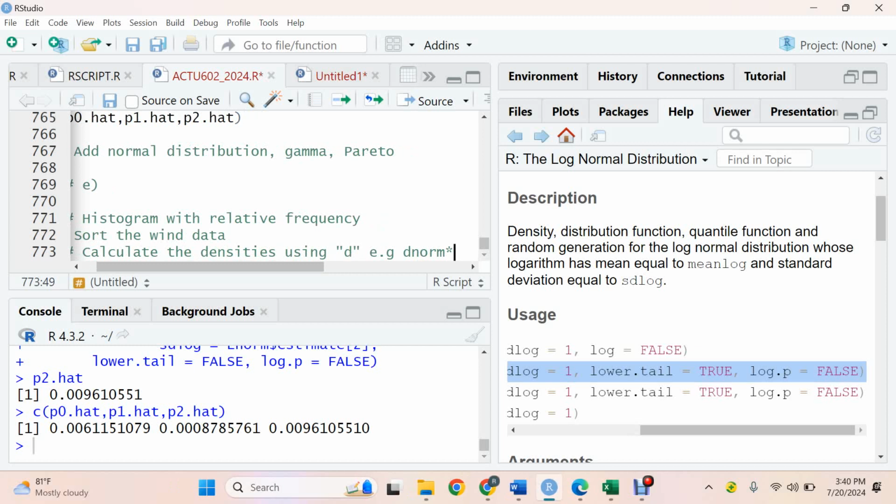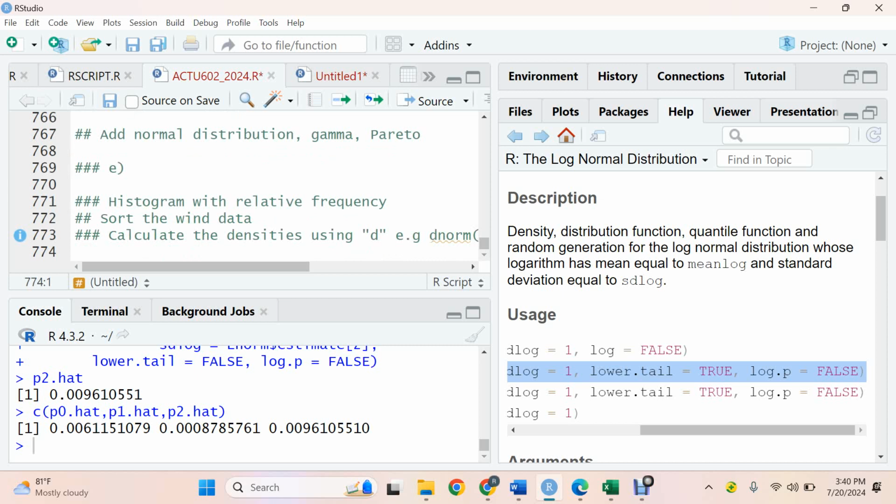So the dnorm, you need to put in that data that you have sorted, and then it will give you all the densities. Then what do you do next? If you get a density, what do you do next? Because you sorted the data, the x-axis is also sorted, right? So you take your sorted data and its density and you line it on the graph.